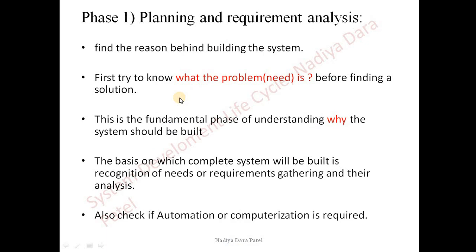Let's go and see what exactly phase 1, planning and requirement analysis, is. In this phase, we are first going to find the reason behind building the system. We have already discussed constructing a house.